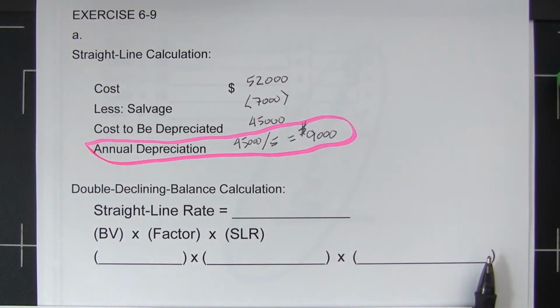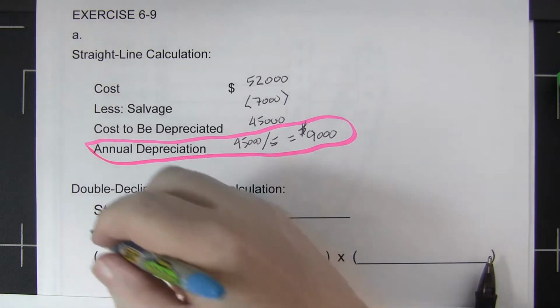So year 1, 9,000, year 2, 9,000, year 3, 9,000, etc., etc. It's a straight line. Now, the declining balance method is just a little bit uglier, but not terrible.